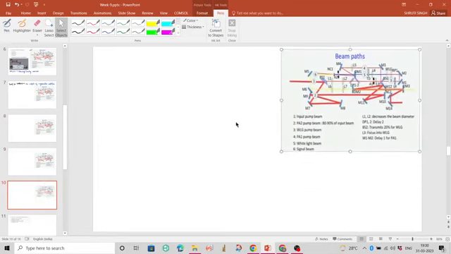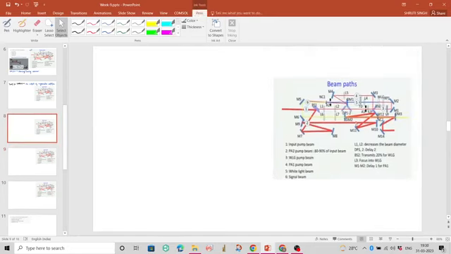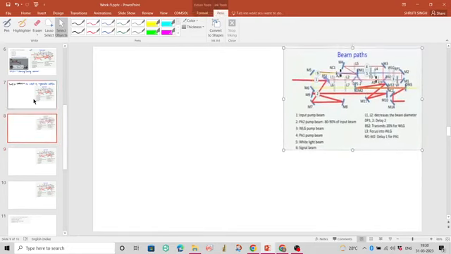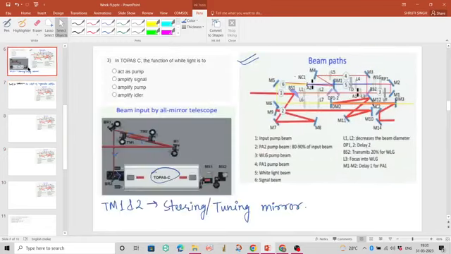It's nice to look at the figure, and then we can discuss the instrumentation better. So let's start from here. What we discussed here is that the output of the regen goes in as the pump. From here the figure starts.